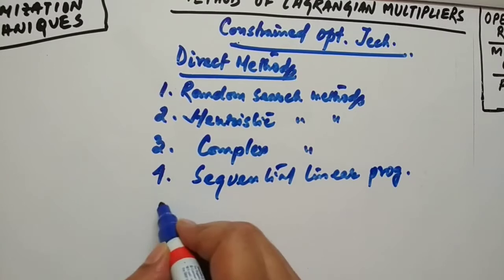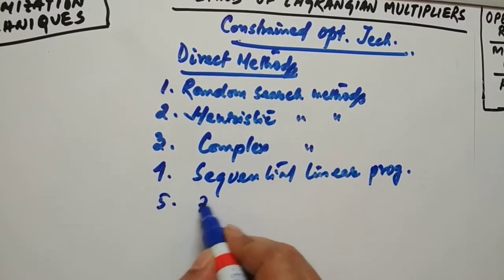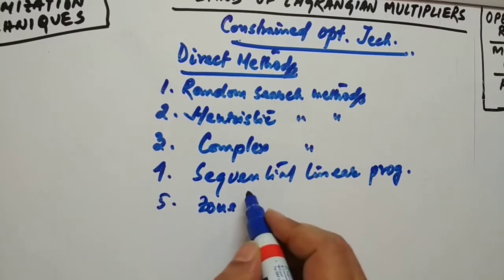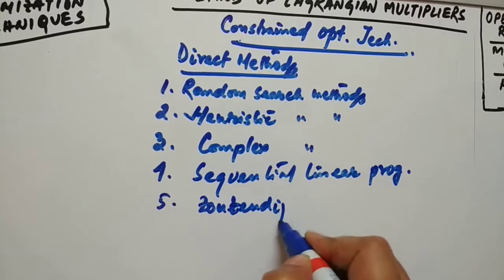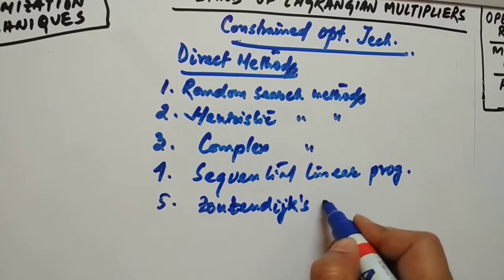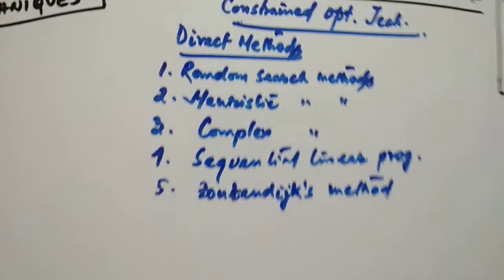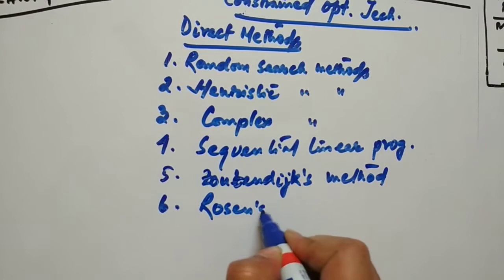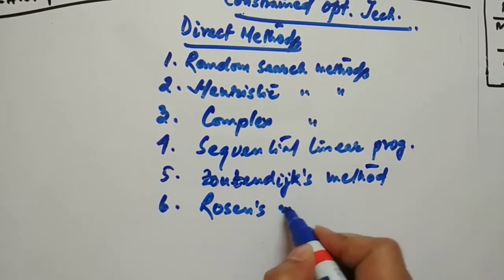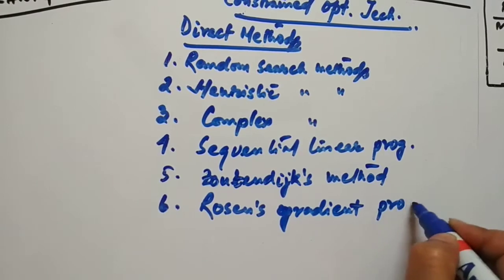Next is the Zoutendijk method, and Rosen's method, or you can say Rosen's gradient projection method.